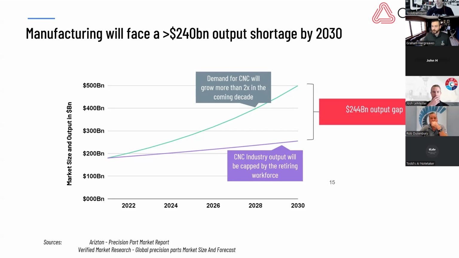So we need something as an industry to be able to fill that. And with CAM Assist, this is going to help you be able to do more with what you have today, right? It's not meant to replace anyone. This is filling that output shortage gap that we have. We'll show you in the product here, but we call it CAM Assist for a reason. It's going to get you 70, 80, 90% of the way there, depending on the part.